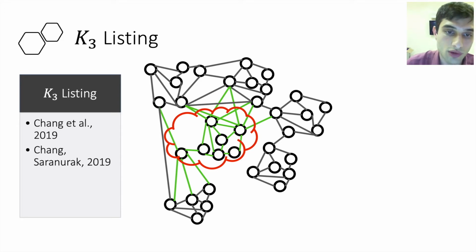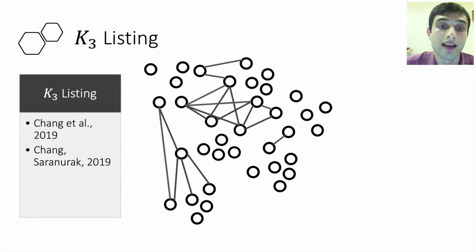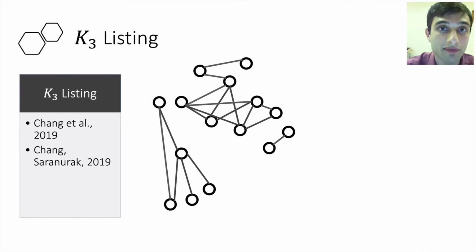And so we can remove all the edges inside clusters, and we remain with a graph which is much, much smaller. Since we show that the number of edges inside the clusters was at least a constant fraction of the total number of edges, within log n iterations of this technique, all the K3 in the graph can be listed.